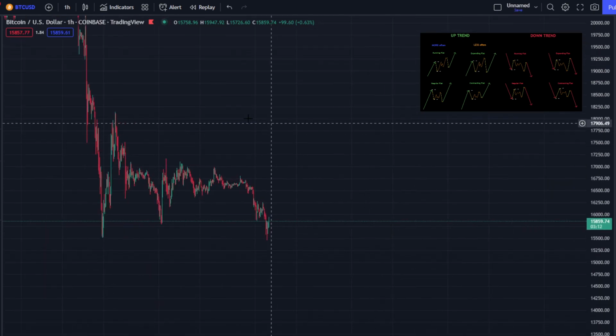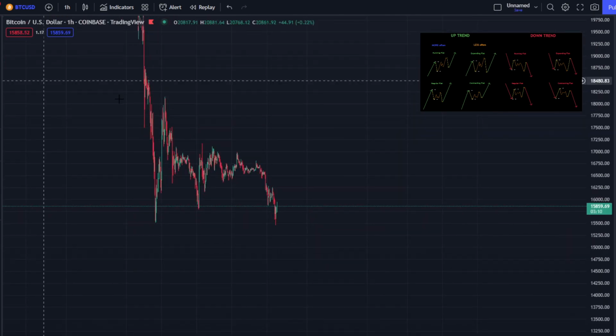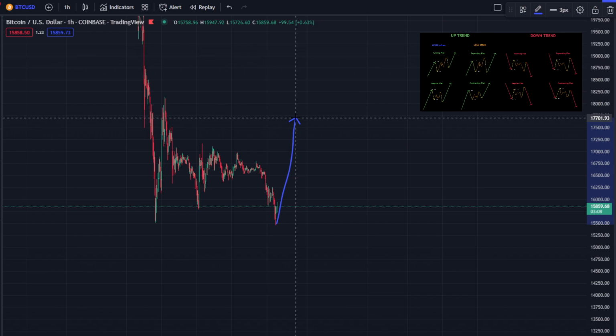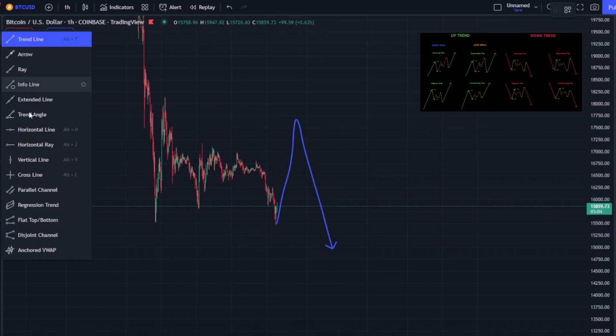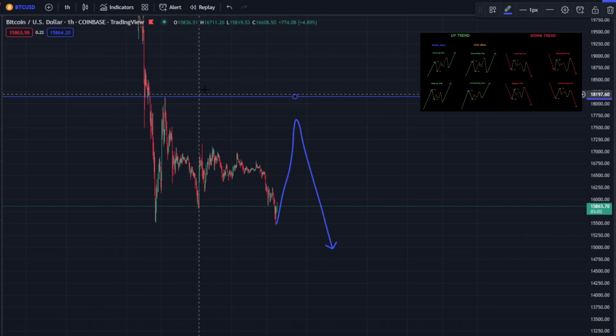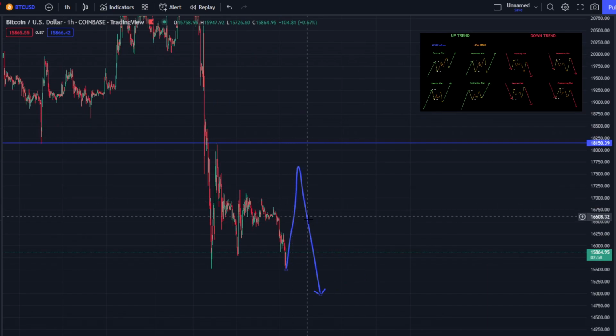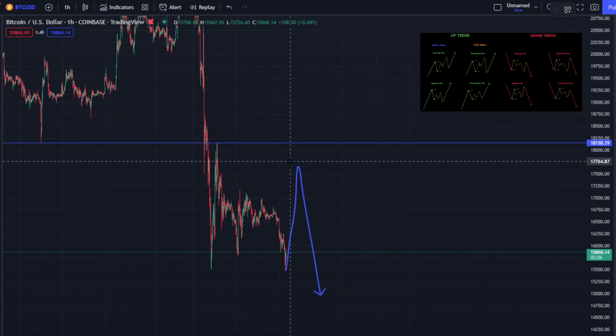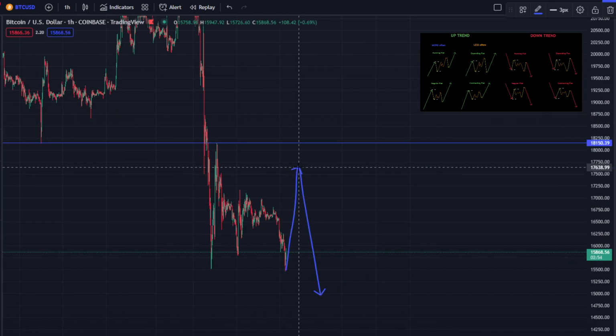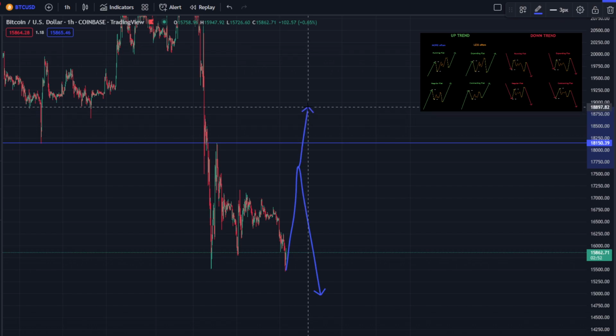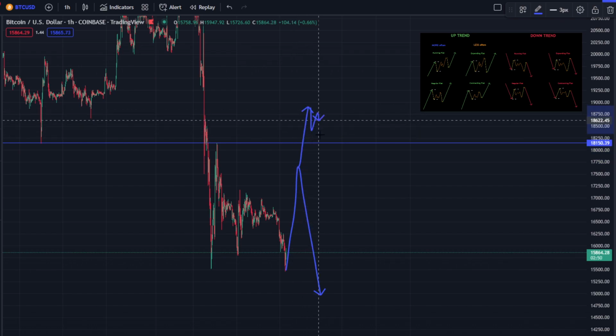So right now we're done with Bitcoin, and let me recap. This will go up and then go down. That's what we're looking for, and the only condition is we will not break this top. All right, so as long as we don't break this top, we're looking for that. Now if you think we're gonna break the top, and if we do break the top, we will wait for a breakout, all right, and a correction.